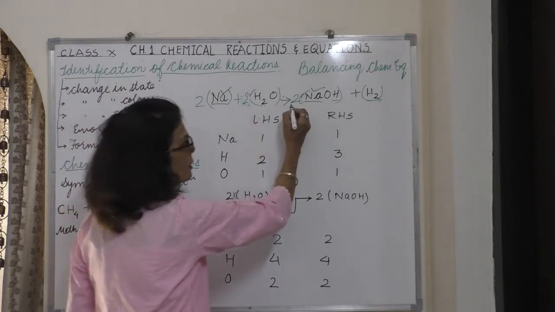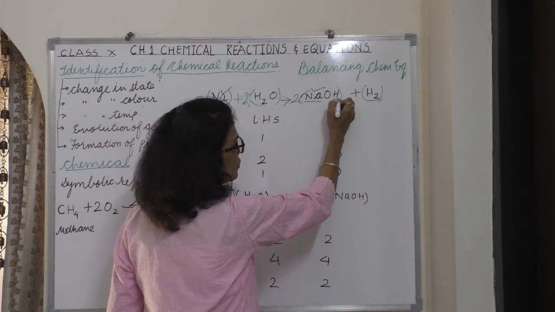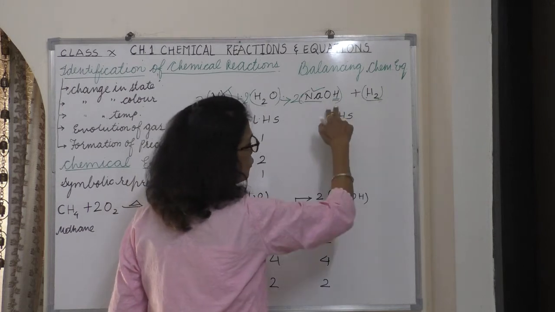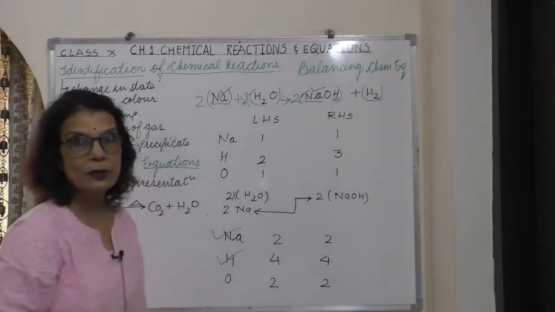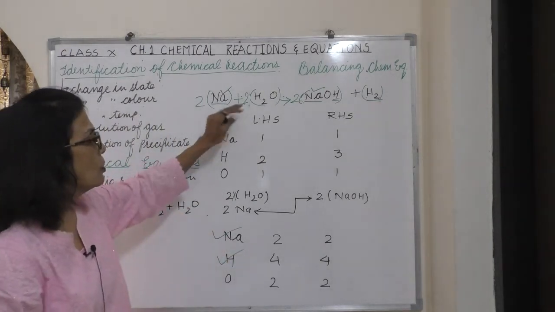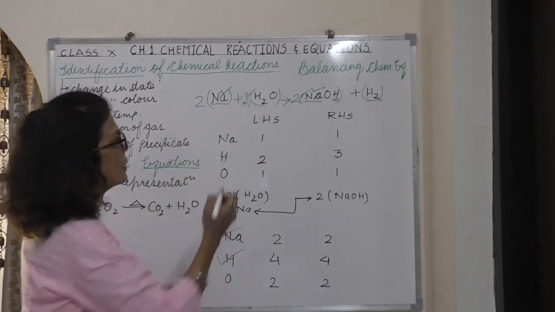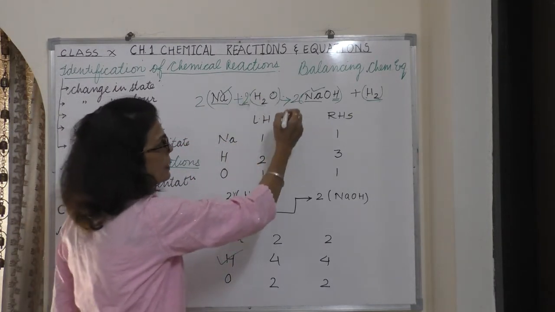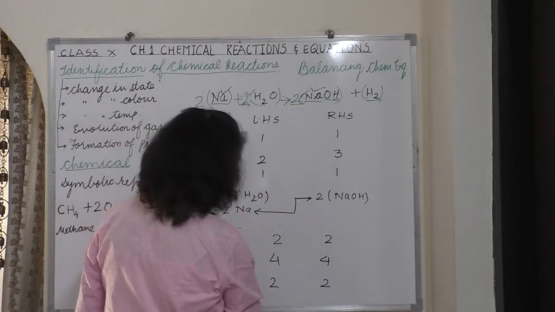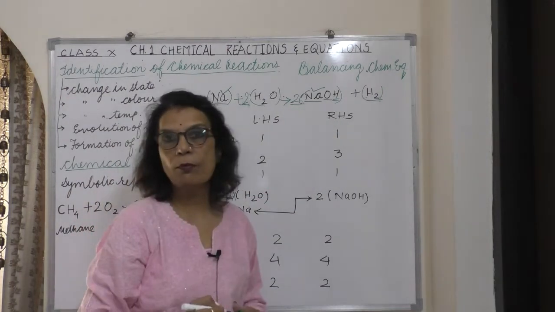On the right hand side 2 H molecules and 2 H, so 2 plus 2 is 4. So the H molecules are also balanced. Now coming to the O molecules, on the left hand side oxygen is 2, on the right hand side again I have 2, so my oxygen is also balanced.